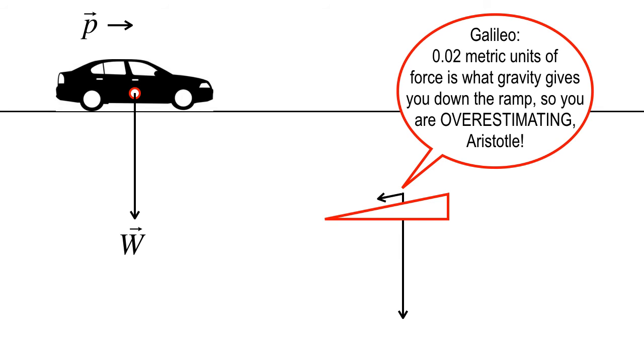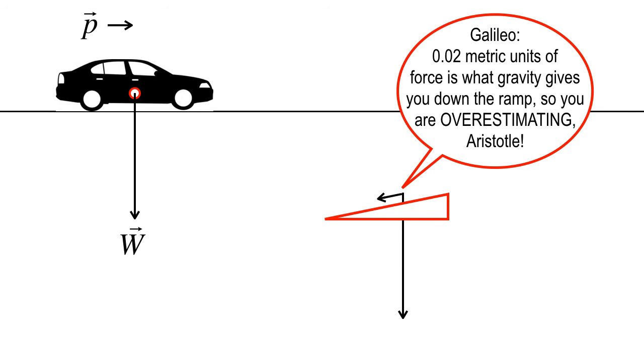And Galileo was able to say, if you tell me 0.02 units of force for a 0.1 weight force object, this ramp doesn't have all the weight force down the ramp. If you're on this ramp, you accelerate, but it's kind of pokey. It's not very steep. But you'll accelerate because of gravity.